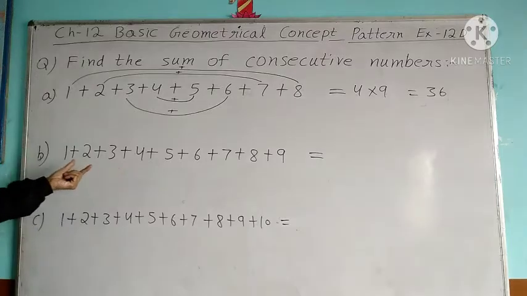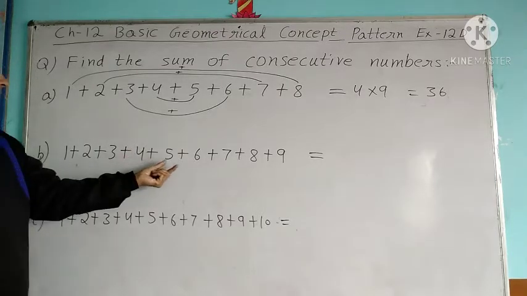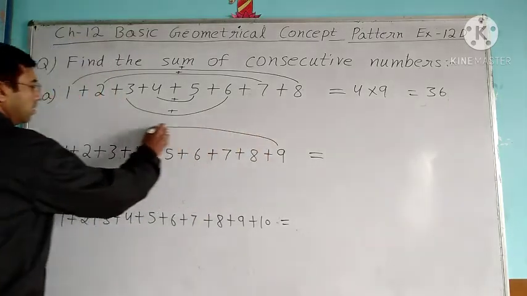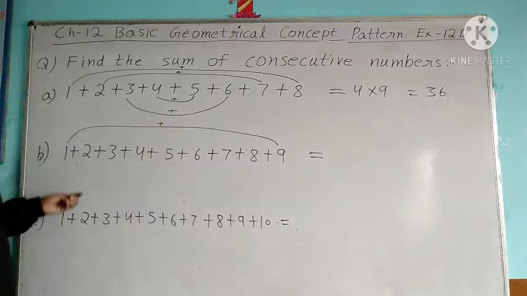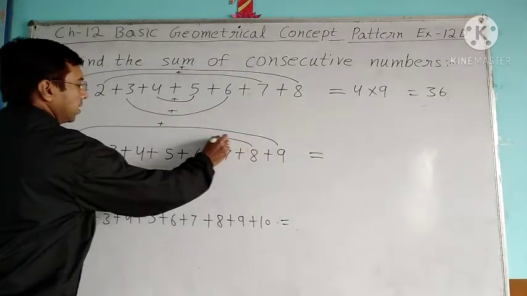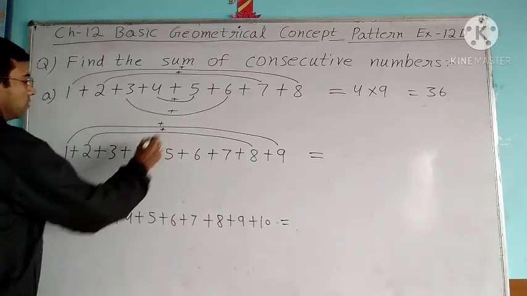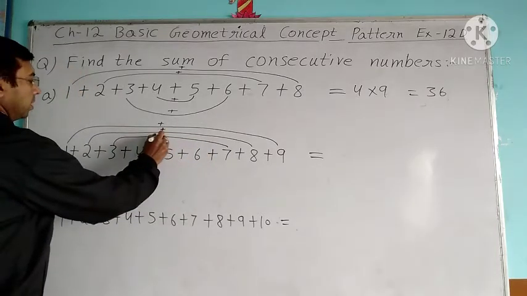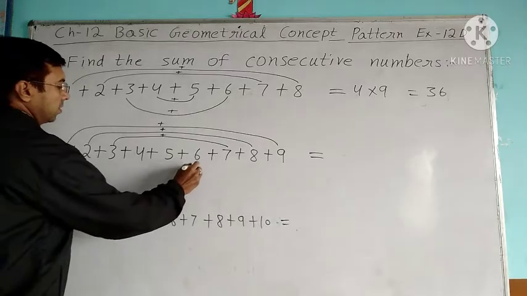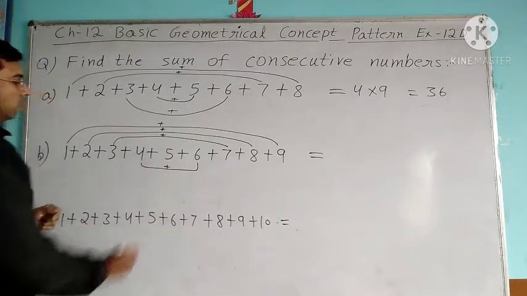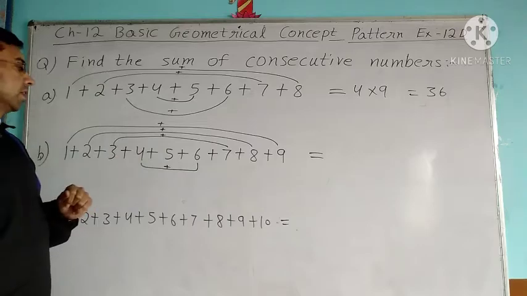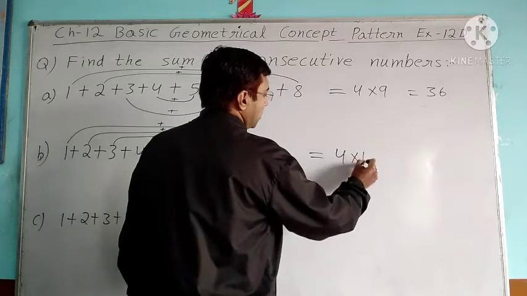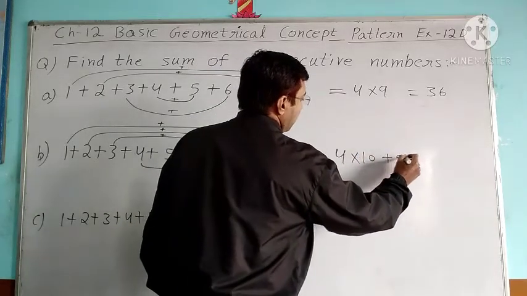Now next pattern, 1 plus 2 plus 3 plus 4 plus 5 plus 6 plus 7 plus 8 plus 9. Same pattern. 9 plus 1 is 10. Clear? 8 plus 2 is 10. 7 plus 3 is 10. 6 plus 4 is 10. 5 is left. So 1, 2, 3, 4 tens. What do we do? 4 into 10 plus 5.